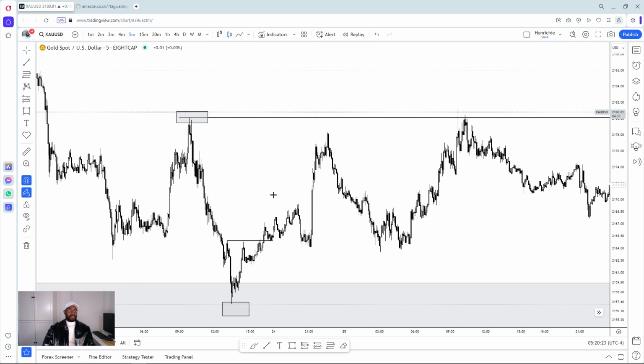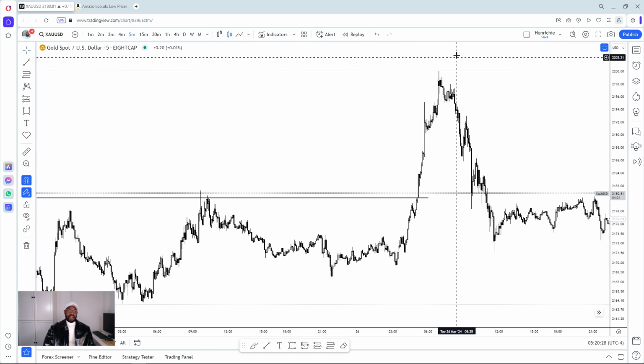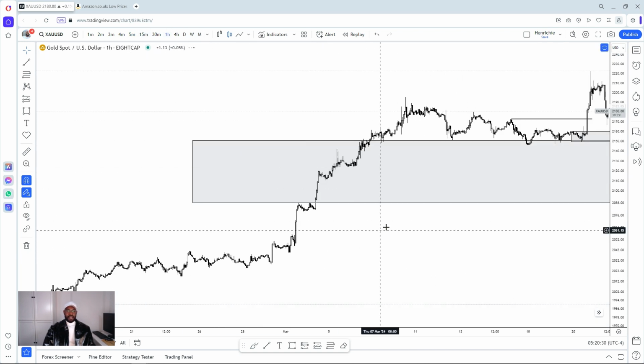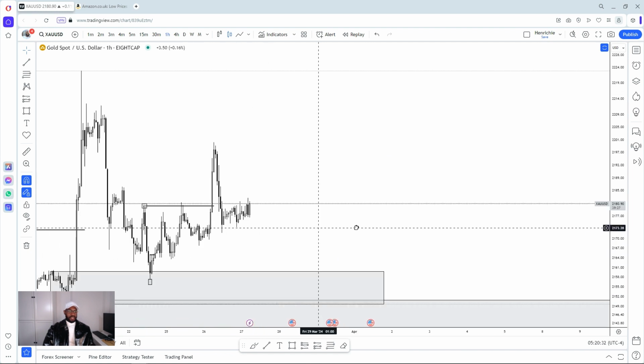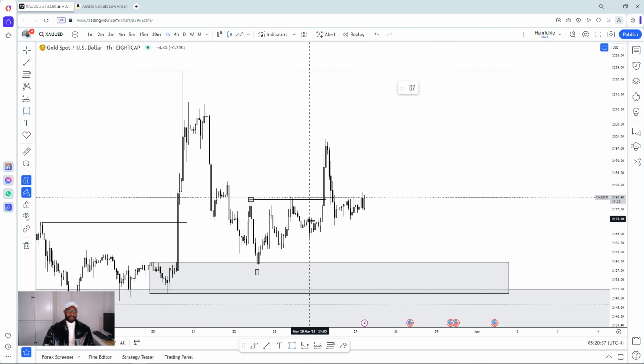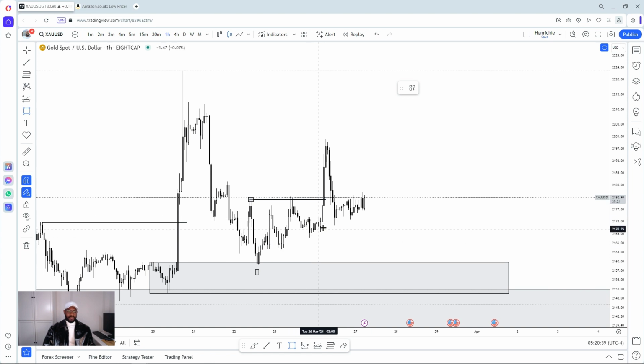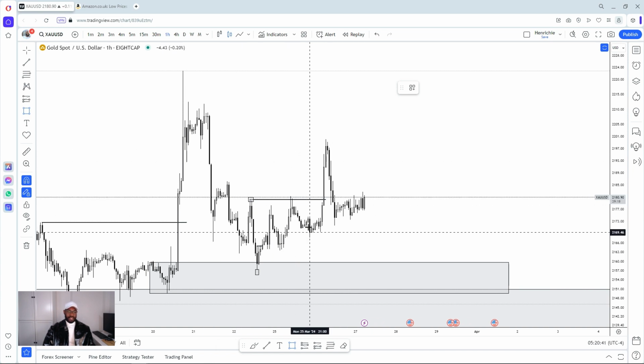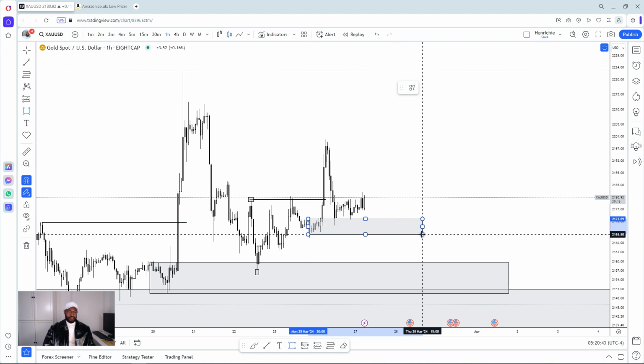And the moment price violated that position, I go to the 1 hour time frame and I'm looking for the last down close candle. Right here, this was the last down close candle before an expansion that broke that swing high. And that is my point of interest.